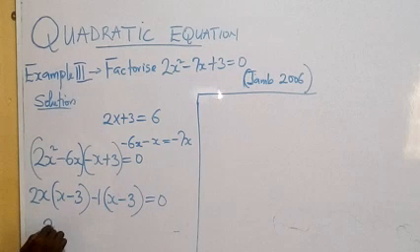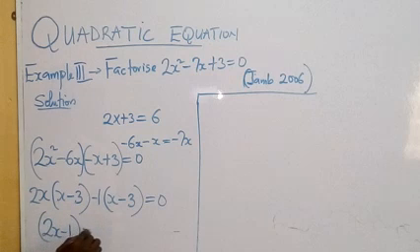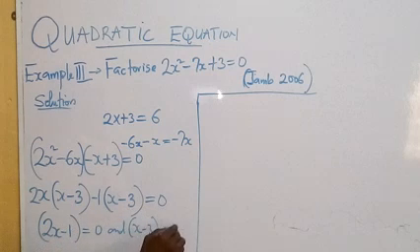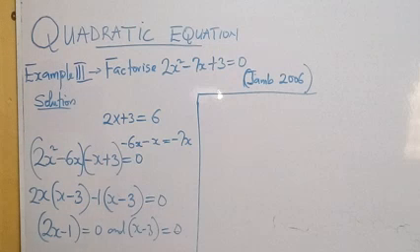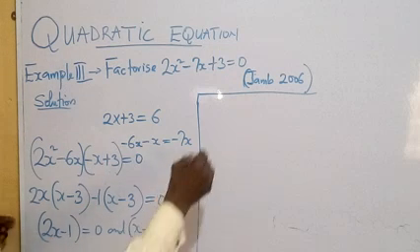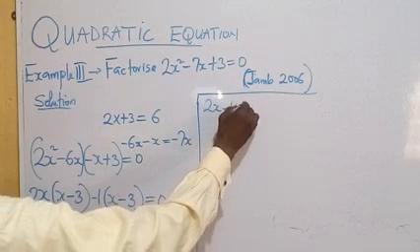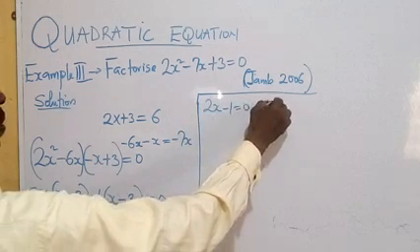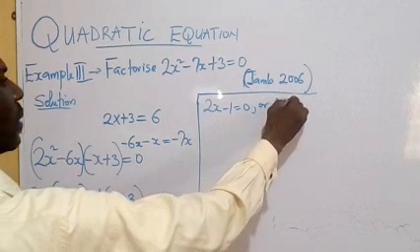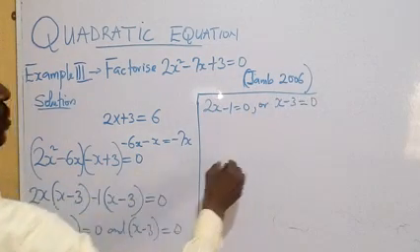We have 2x minus 1 equals 0, and x minus 3 equals 0. Therefore, open the bracket. You have 2x minus 1 equals 0, or x minus 3 equals 0.